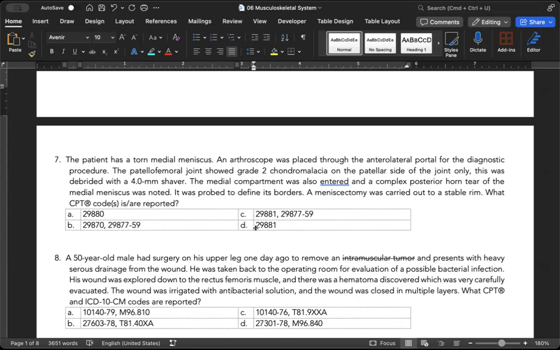So if you see the 29881 is in 2, one of them has the 29877. Then we have to determine, is that 29877 needed in addition to, right? So let's go to the 29881.